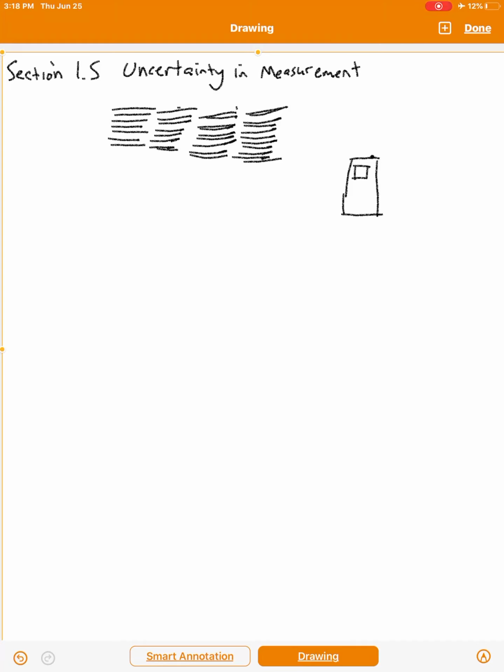What's an iPod? Who knows? They used to exist. Okay, so you got some sort of device there, and they tell you it's $125.